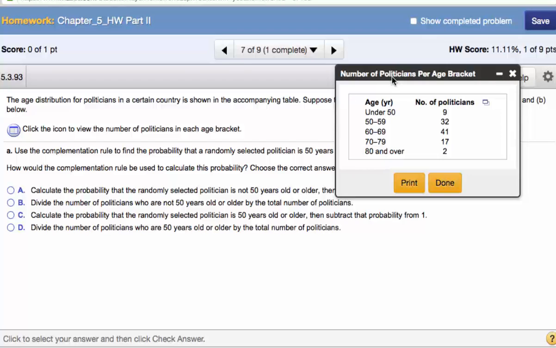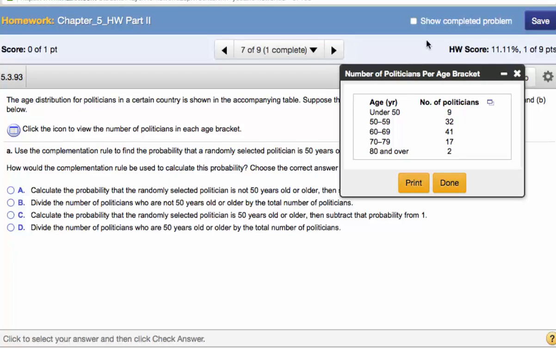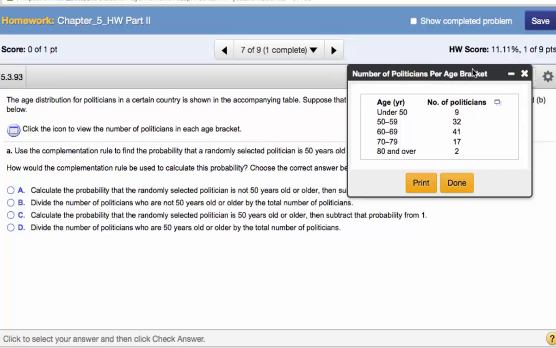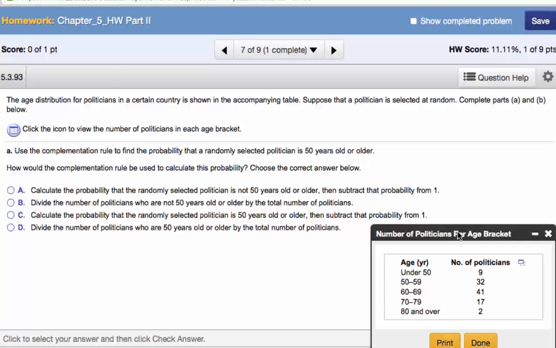So how would the complement rule work? The complement rule looks at everything else, right? The not situation. So how would the complement rule calculate this probability, 50 years or older? The complement is the not situation, so what's not 50 years or older?